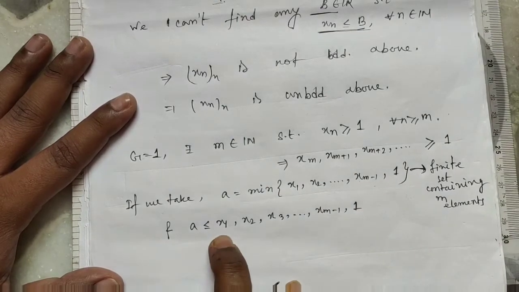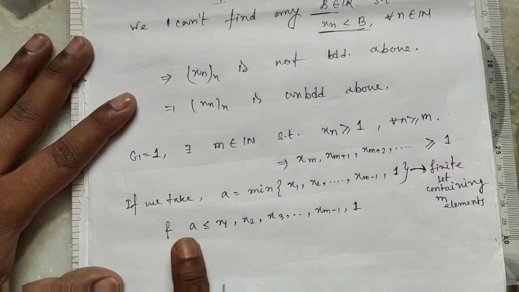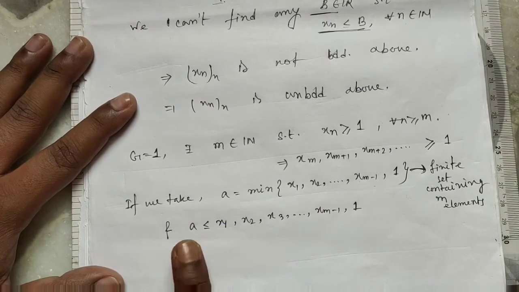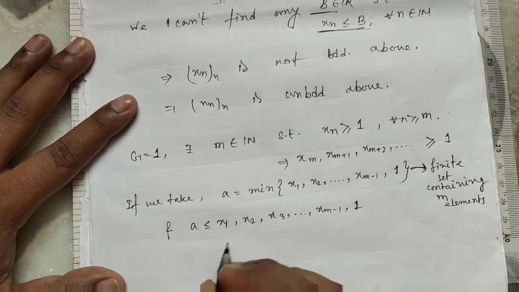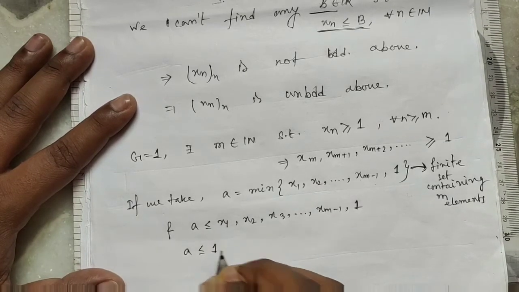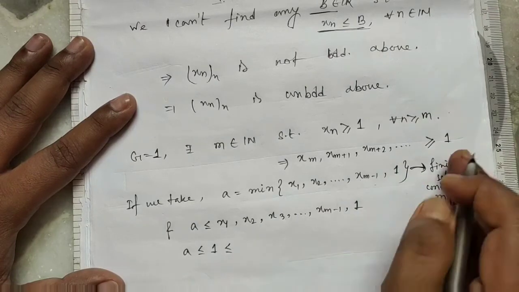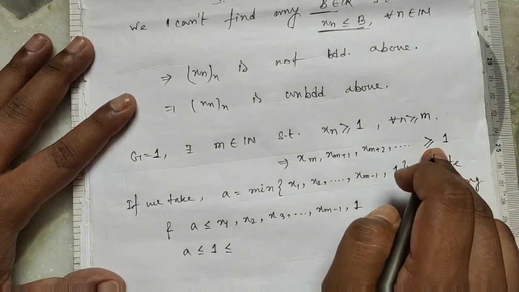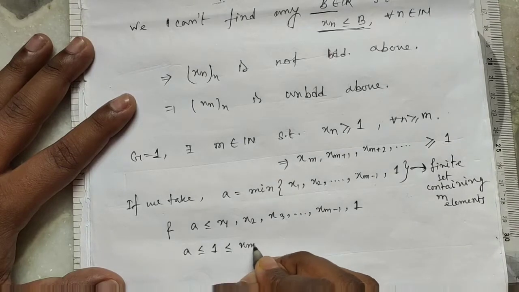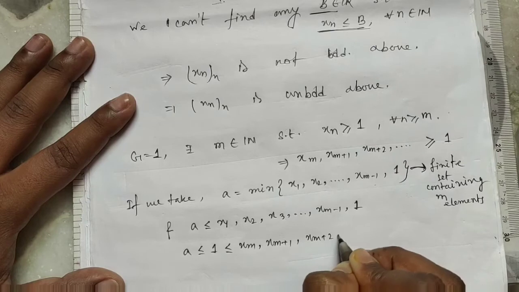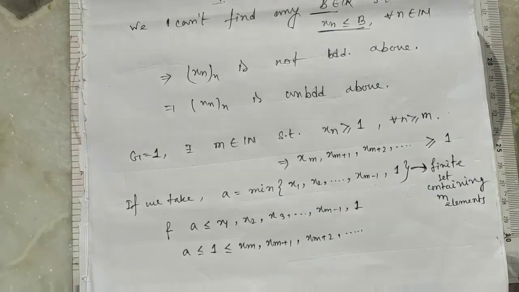So a is less than or equal to x1, x2, x3, xm-1, and also a is less than or equal to 1, which is also less than or equal to xm+1, xm+2, and so on.